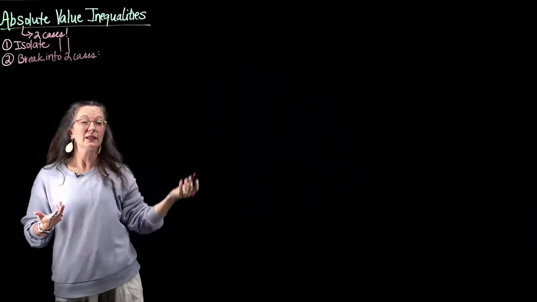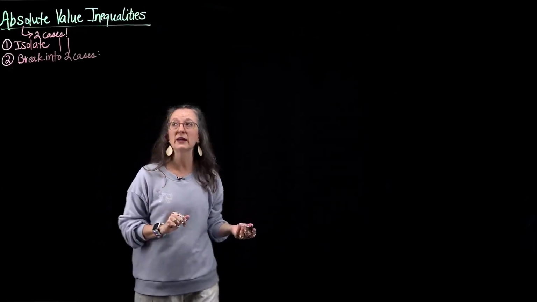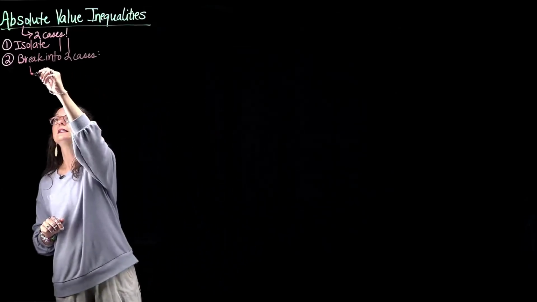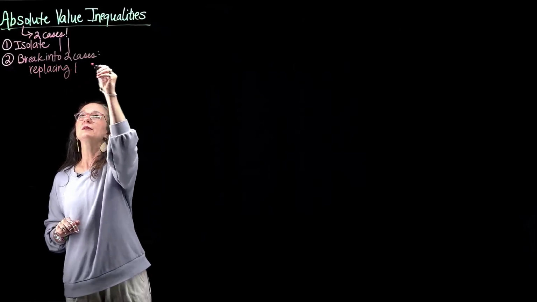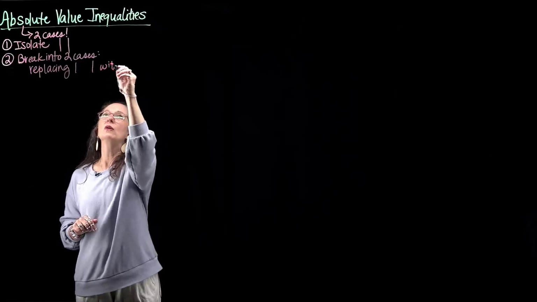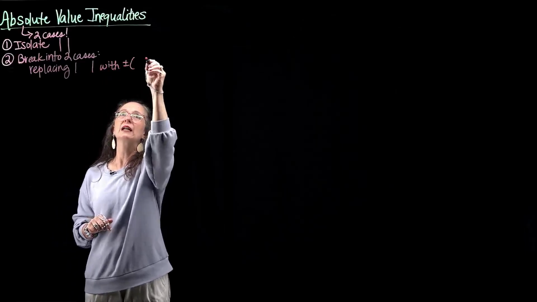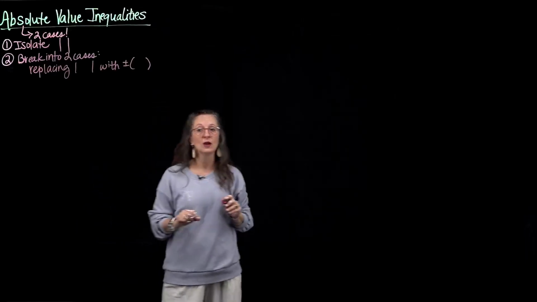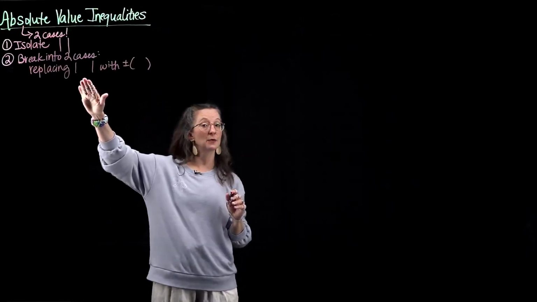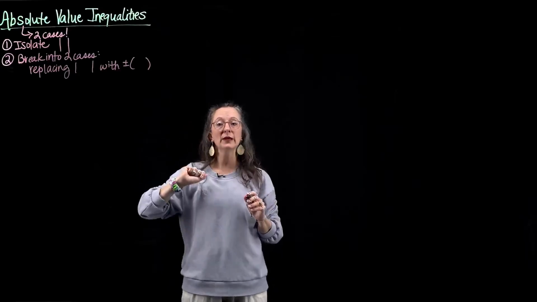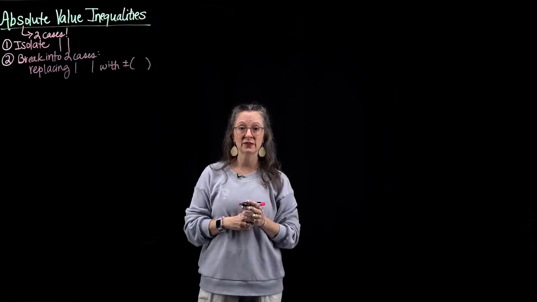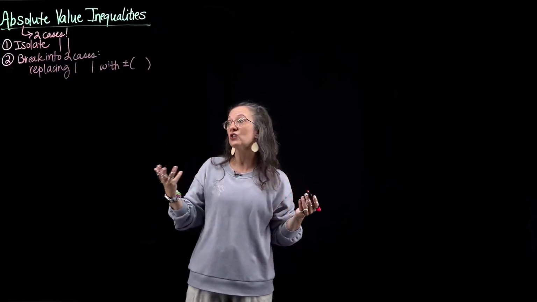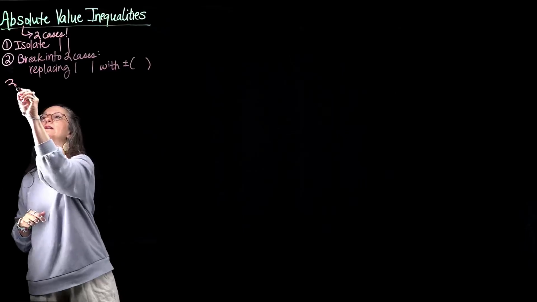And the way I like to think about this, there's lots of ways to explain it, I like to think of it as replacing the absolute value with positive and negative parentheses. So whatever is inside the absolute value, I'm going to rewrite it with a plus and minus on the outside of parentheses. And then we are going to solve both cases.